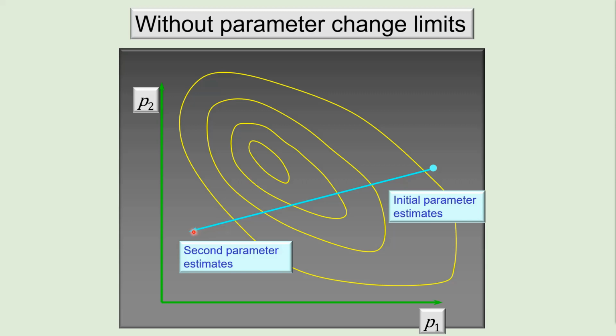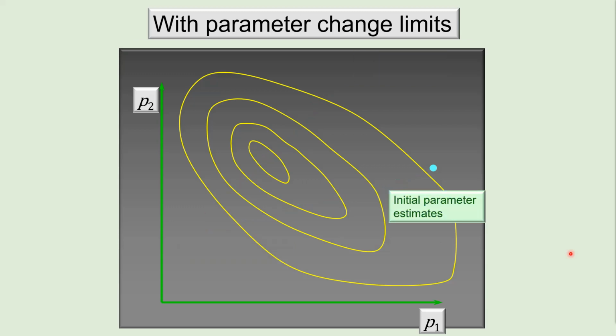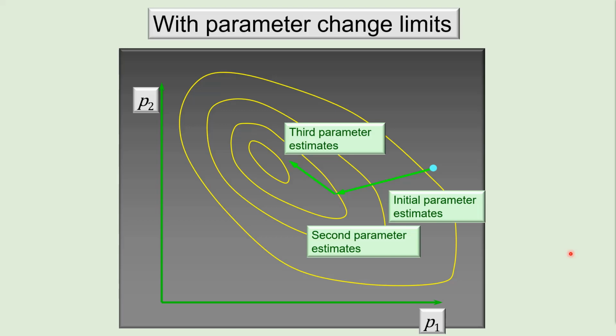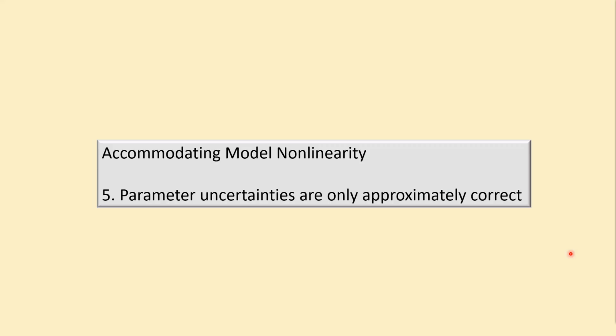Perhaps the gradients of the objective function are low here again, and then, using the equations we've been dealing with up to now, we may overshoot again. This can be circumvented by limiting how much parameters are allowed to change during any iteration, and by imposing sensible limits on parameter changes, we can find our way to the minimum of the objective function.